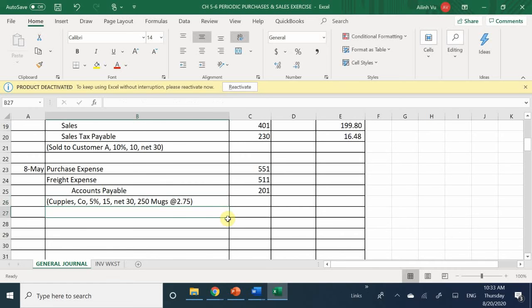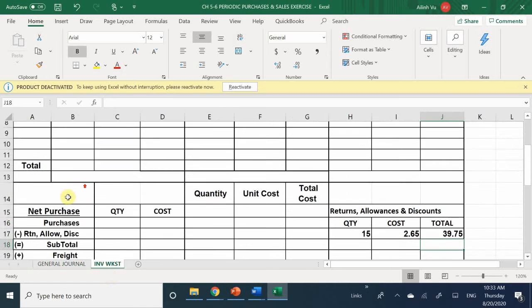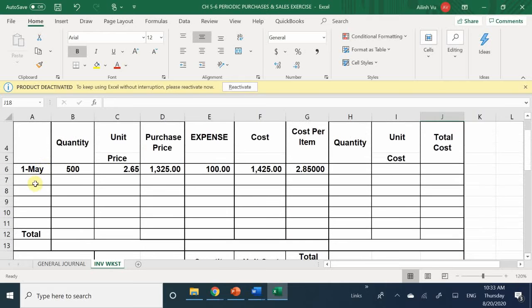Okay. All right. So now we're going to go to our inventory worksheet to solve for the calculation so we don't have to solve it twice. All right. So here on the 8th, May 8th.